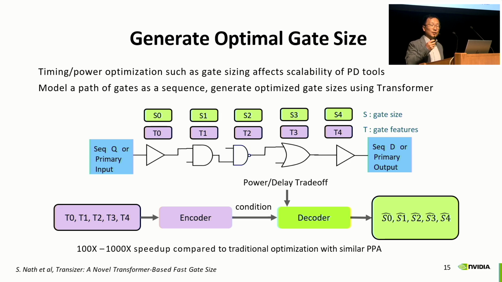If we just size the gates to any size, then the power will be too much for us. So we need to condition this generative model on power-delay trade-off variables. And we achieved very promising results on this work. It effectively speeds up the gate sizing by hundreds to 1,000x compared to commercial tools. So a similar technique can also be applied to other optimization transforms.